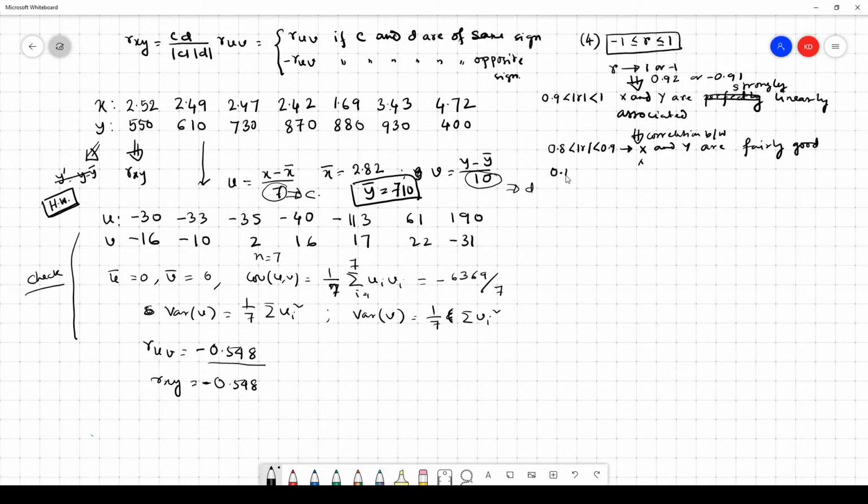You can fix only 0.7 to 0.9 and treat it as fairly good.